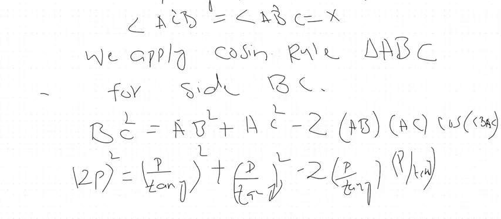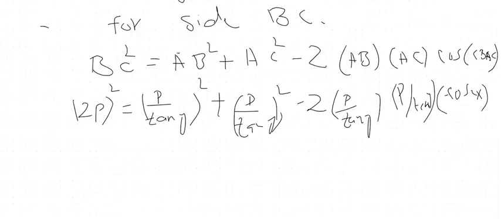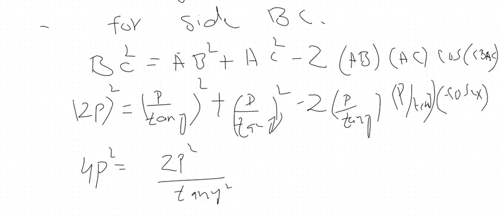I'm just going to simplify the equation, and we get 4P squared equals 2P squared by tan squared y, minus 2P squared by tan squared y times minus cos 2x.